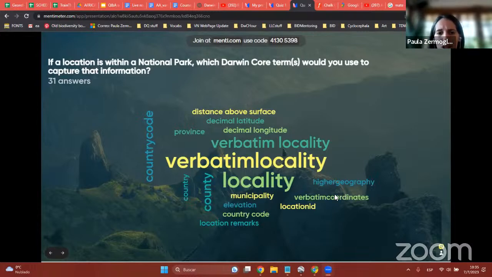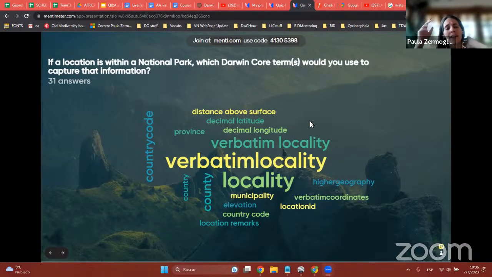Then we have the options that you provided for coordinates, and the same applies here. Decimal latitude and decimal longitude are only meant to capture coordinates in decimal format. And in particular, geographic coordinates in the decimal format, decimal latitude and decimal longitude. So we cannot capture blah blah national park using these fields.